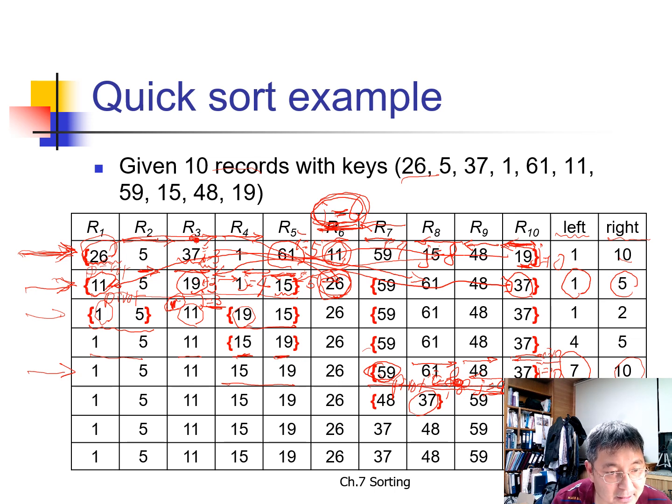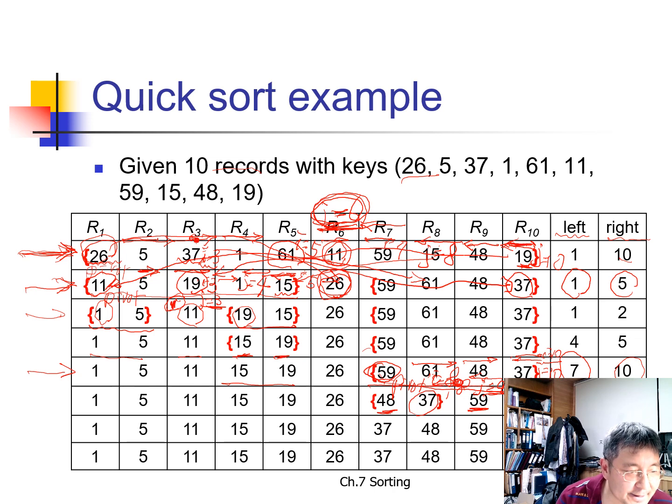So I is 10 and J is 9, so it violates the main loop. So we will exit the main loop here, and J value is 9, so we will swap pivot value and J value. So 48 goes here and 59 goes here.